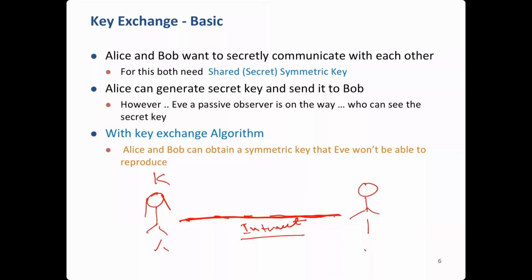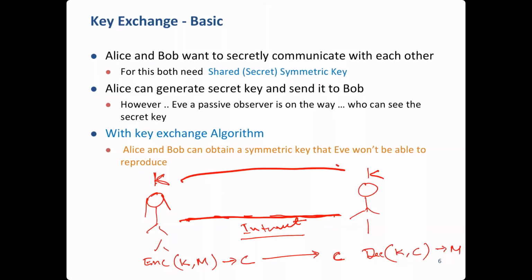Now we assumed that Alice and Bob have the same key, which Alice uses for encryption. She uses key K to encrypt message M and gets ciphertext C. That ciphertext C is received by Bob, who uses the decryption algorithm with the same key K over C and gets back message M. The assumption is that both of them have the same key.